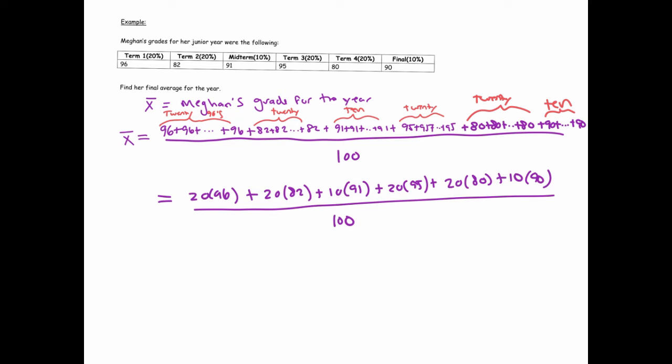So this is a little bit better way of thinking about it, but we can do even better than this, because 20 times 96 plus 20 times 82, etc. This can be written like this: 20 times 96 over 100 plus 20 times 82 over 100 plus 10 times 91 over 100.